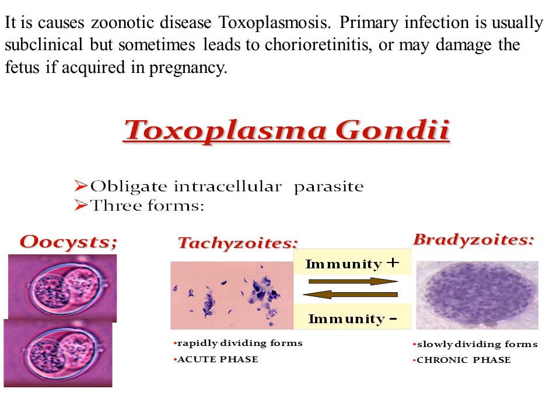Toxoplasma causes a zoonotic disease, toxoplasmosis. Primary infection by this disease is usually subclinical, but sometimes leads to chorioretinitis or may damage the fetus if acquired during pregnancy.